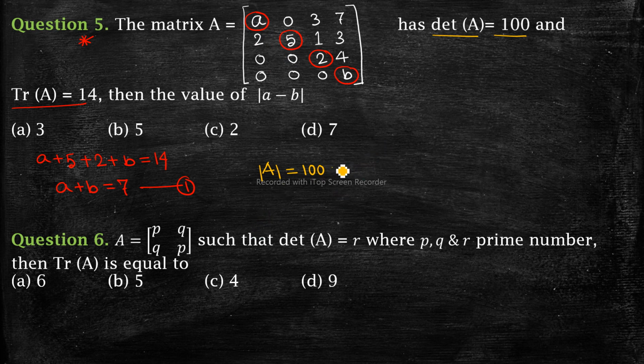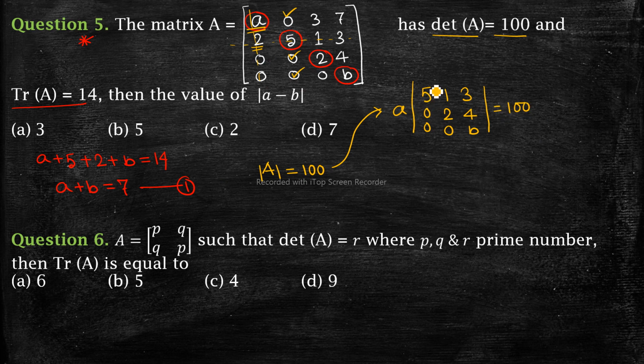With respect to A we will get 5 0 0 1 2 0 3 4 B. But if you look for B, without this line and without this line we have to take, that means here also 0, here also 0, here also 0. That means with respect to 2, if we want to take minor elements, then it will become 0 only. So only this value will come, that is 100.